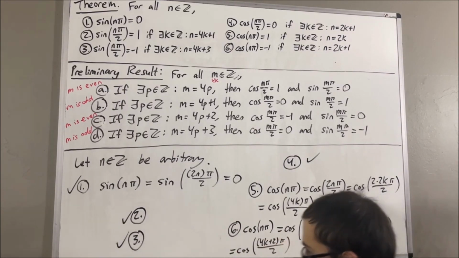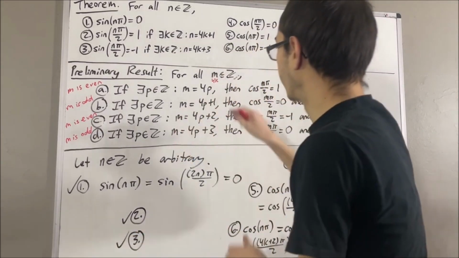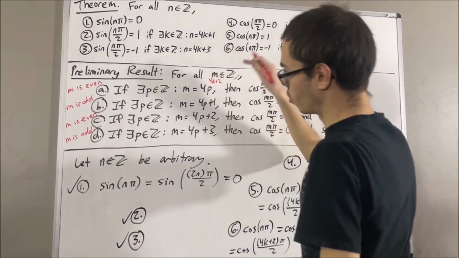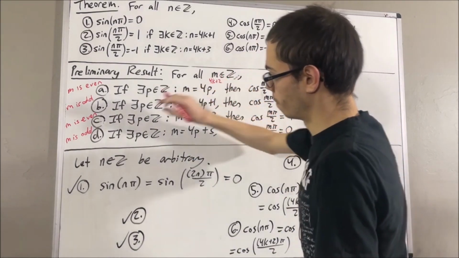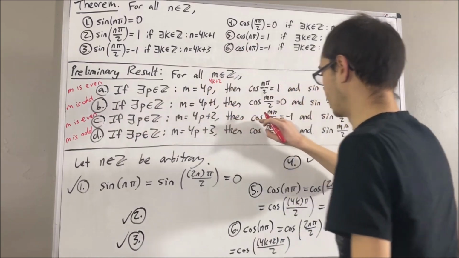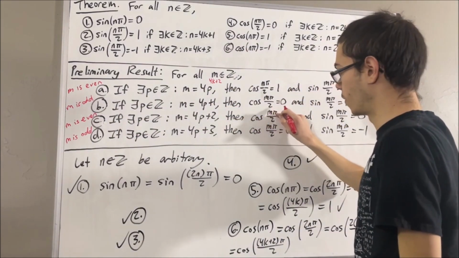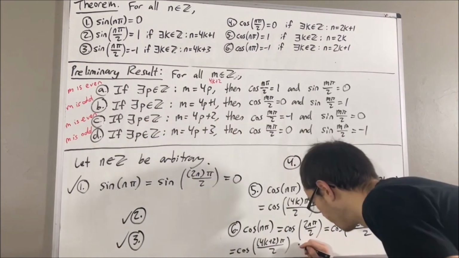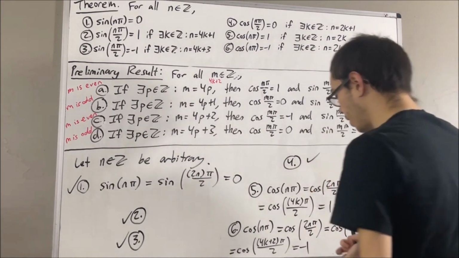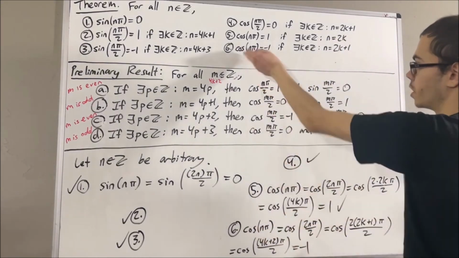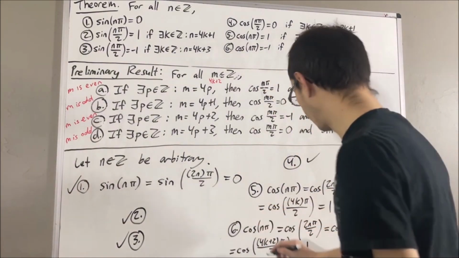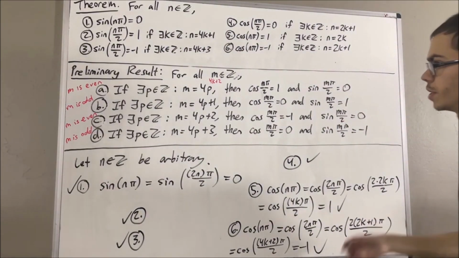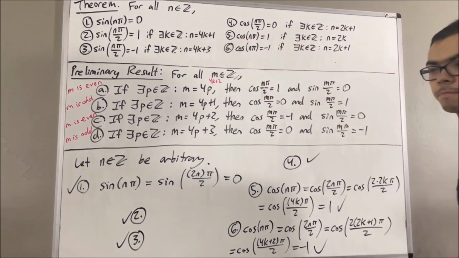And now in this case, we take m to be 4k plus 2. Well then, 4k plus 2 falls under case C. And we see that cosine of 4k plus 2 pi over 2 is equal to negative 1. So this guy is equal to negative 1. And so we have shown that cosine of n pi is equal to negative 1, which is exactly what we wanted. So we have deduced result number 6. And so we have deduced all 6 of these results.